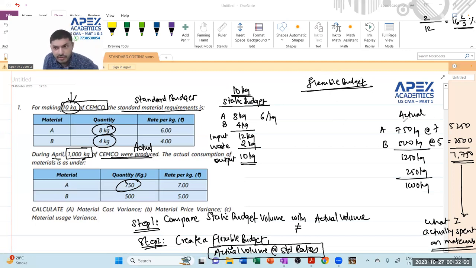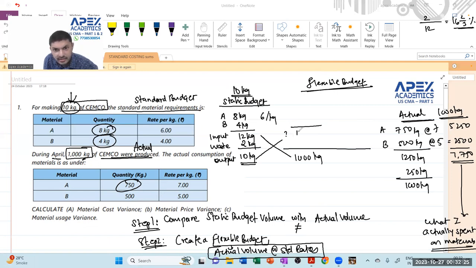Now this will also be for how many units? It was for 1000 kg. So my dear students, if I want an output of 1000 kg, first of all, how much total input will I require? Question mark. So 1000 multiplied by 12 divided by 10.